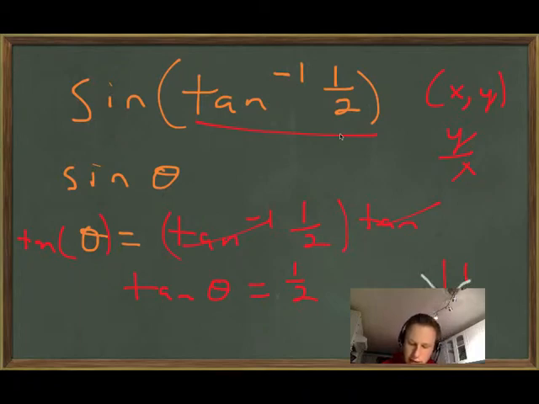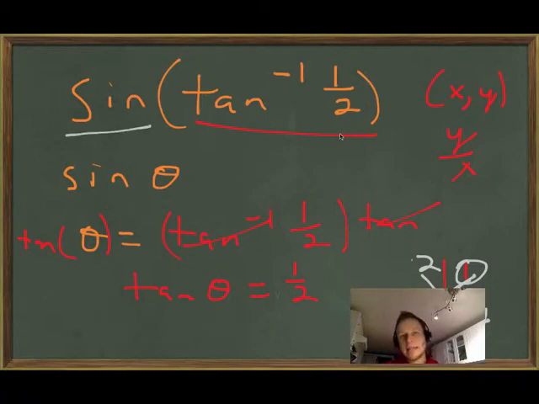This slope is negative, this slope is positive. If our slope is negative, we're going to be in quadrant 2 or quadrant 4. Now, to determine whether it's quadrant 1 or quadrant 3, we need to see what we're finding.